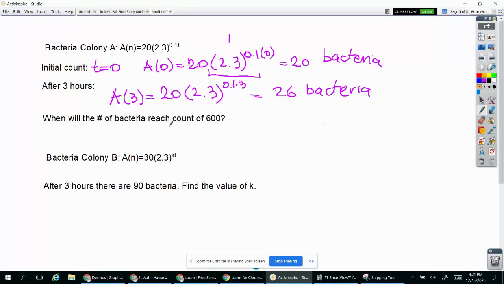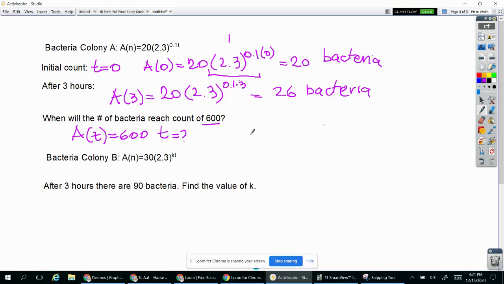When did the bacteria reach the count of 600? So they're giving us that A of t is 600, but we do not know what the time is. T is what we're looking for.